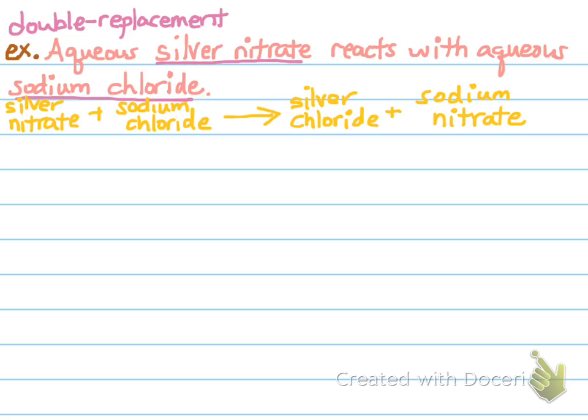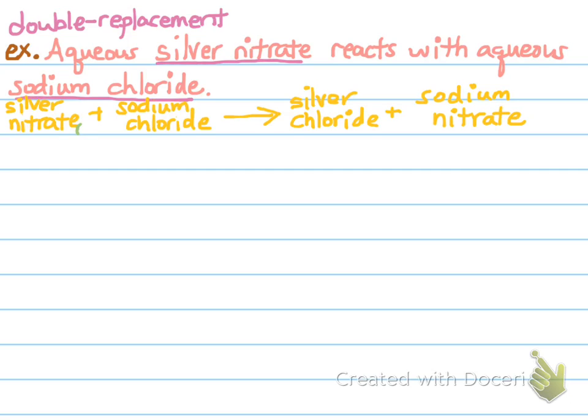Now I want to go ahead and reference my states of matter, because that's going to be important since we're writing a net ionic equation and a complete ionic equation here.